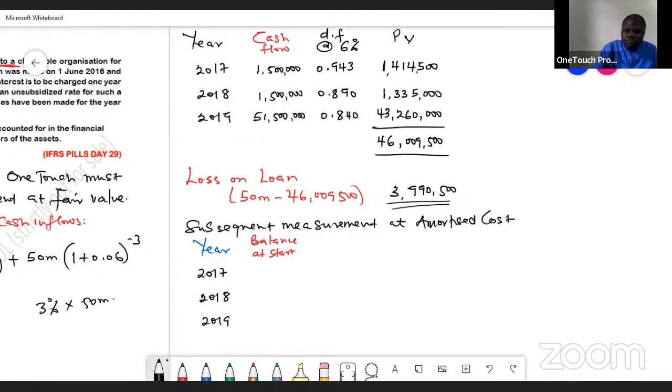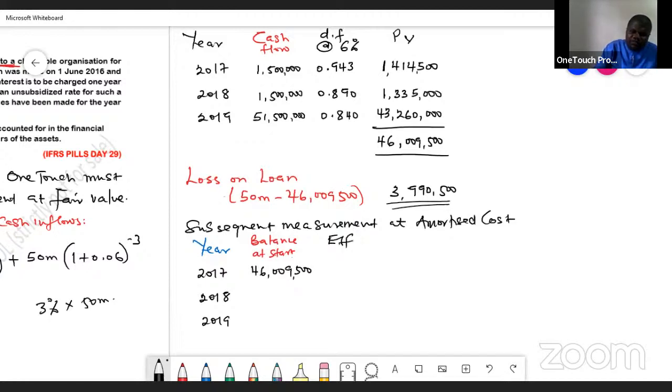So 46. Let's put 3 zeros on top. That will be 46. Since I've written the full figures, 46,009,500.